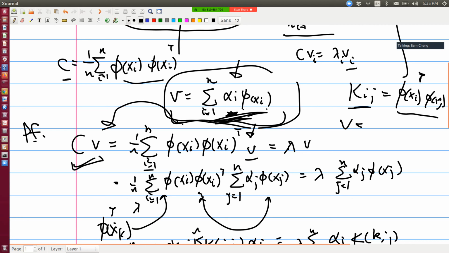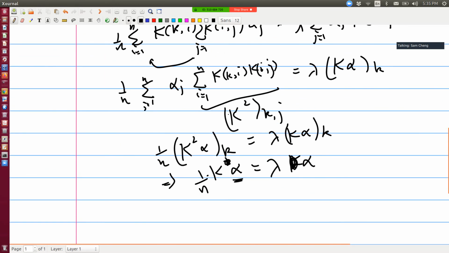But we need to know what alpha is, and it turns out alpha is just an eigenvector of the kernel matrix K. So then that's more or less it. We can solve alpha, because this will be just the eigendecomposition of K, and similar to PCA, we pick alpha starting from the corresponding eigenvectors with the higher eigenvalues.